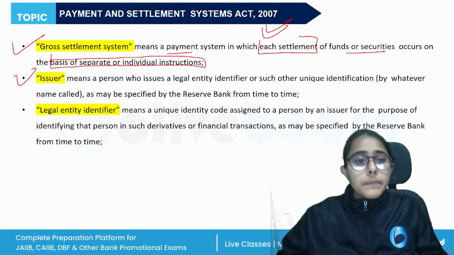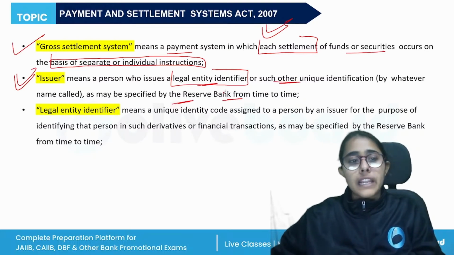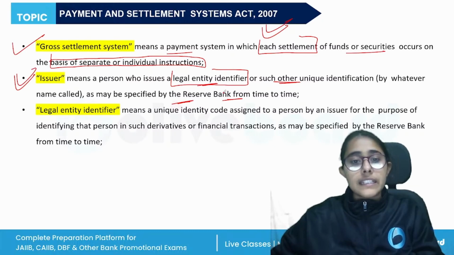Then issuer means any person who issues a legal entity identifier, or such unique identification as may be specified by RBI from time to time. For every transaction, there will be this legal entity identifier or unique identification.